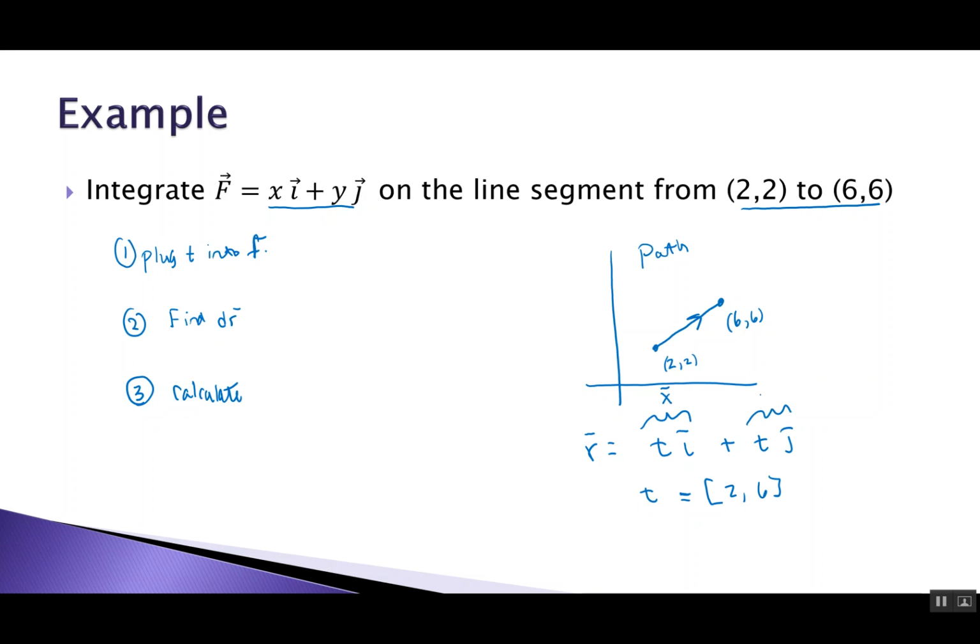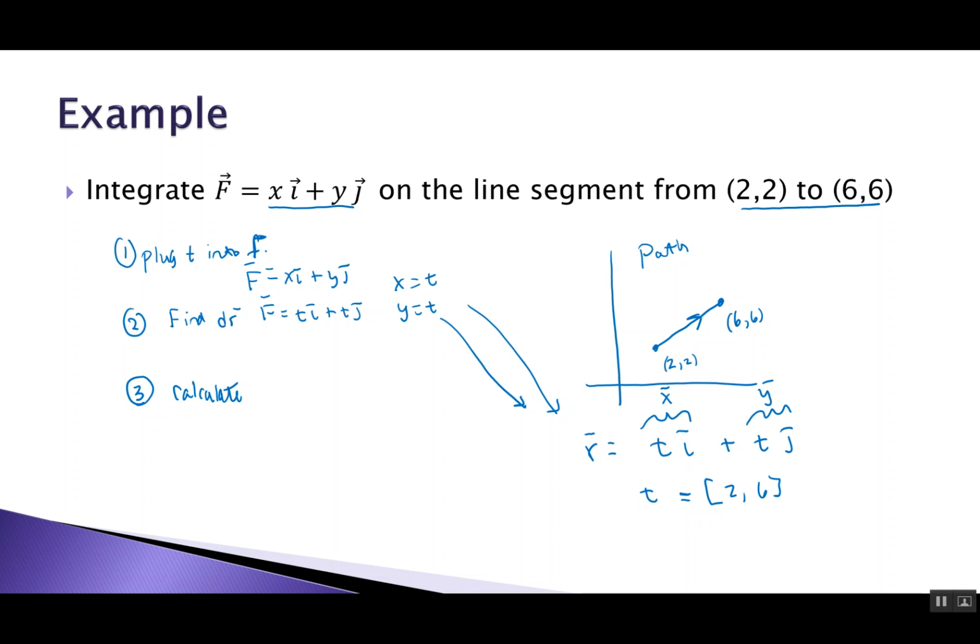This is my y. My x here is going to be equal to t. F is equal to xi plus yj, and I know that x equals t from my parametric equations. And I also know that y is equal to t from my parametric equations. So I'm going to plug those both in. I'll have ti plus tj.